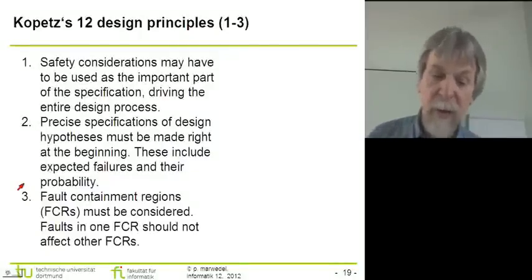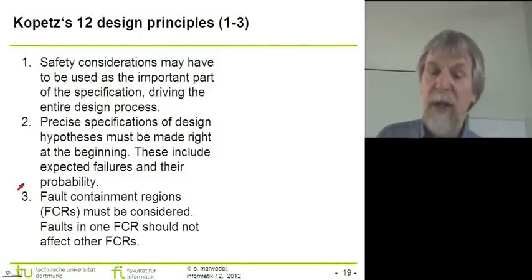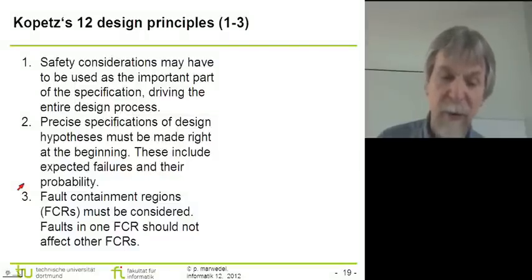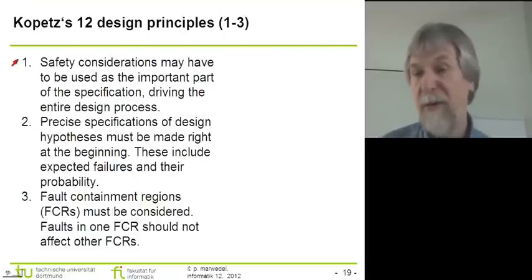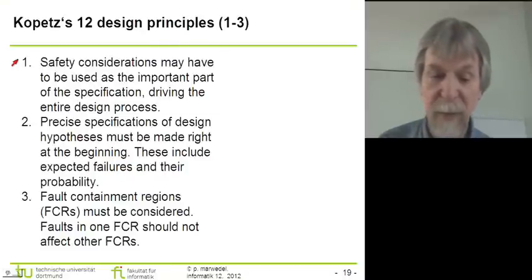In the context of safety, it is very useful to consider advice by Hermann Kopetz, who has published 12 so-called design principles for safety critical systems. And I will briefly go through these 12 principles.